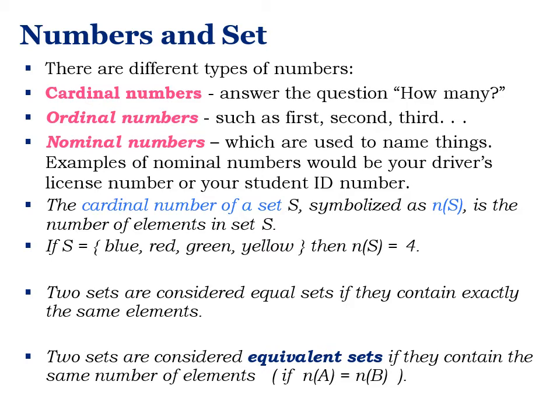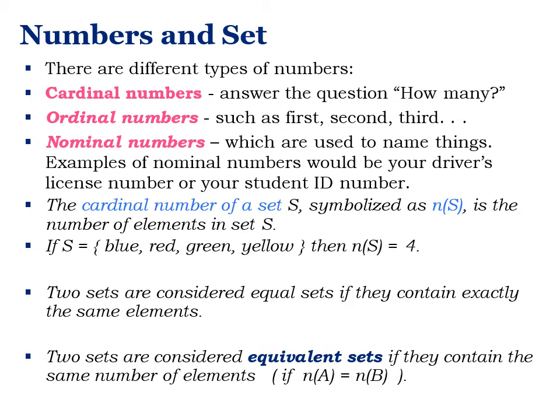Two sets are considered equal sets if they contain exactly the same elements. So take note of the difference between equal sets and equivalent sets. Two sets are considered equivalent sets if they contain the same number of elements. So we are talking about cardinality if we are talking about equivalence. If they are equal, they should contain exactly the same elements.